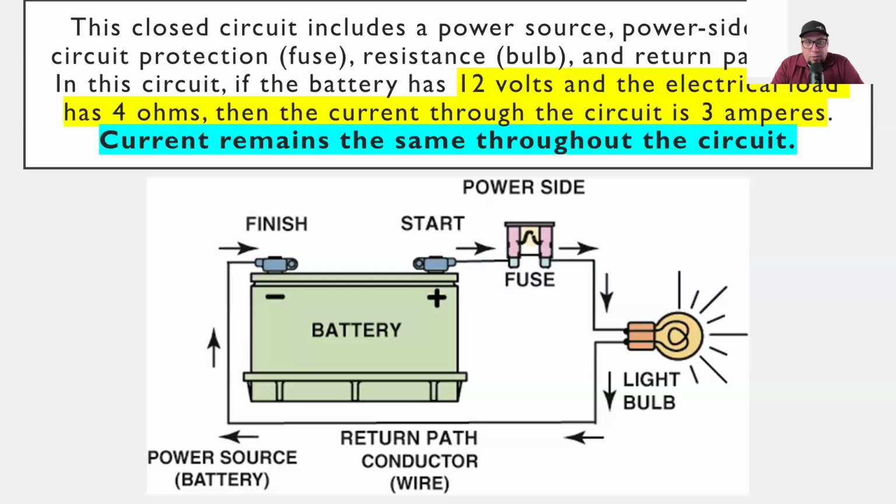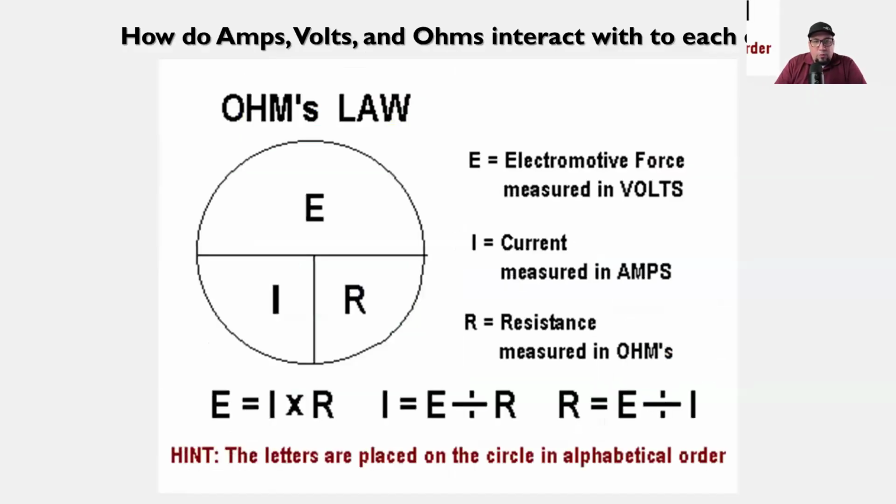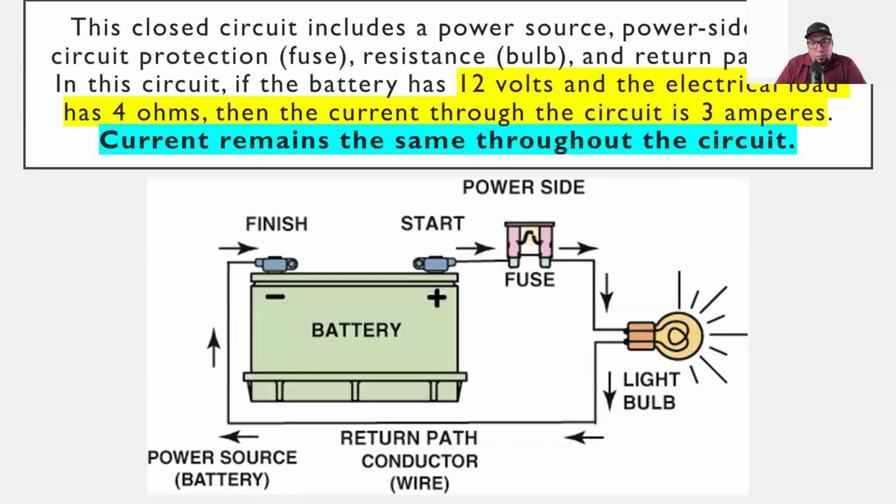How many amps are going to go through the circuit with those two numbers? 12 divided by 4 gives us 3. It's that simple. 12 volts divided by 4 ohms gives us 3 amps. So we would know roughly that 3 amps is going to flow through the circuit.